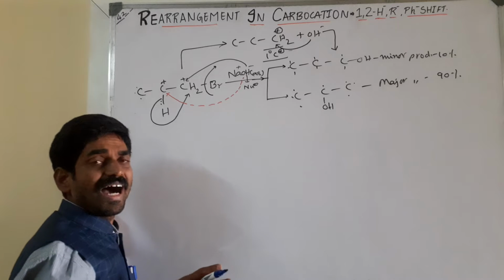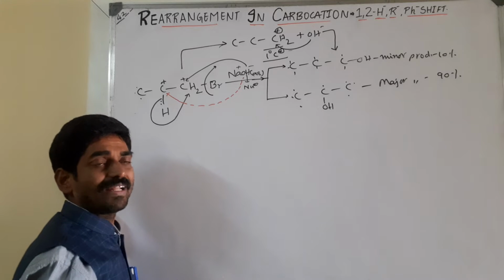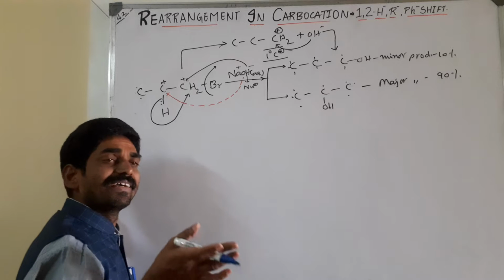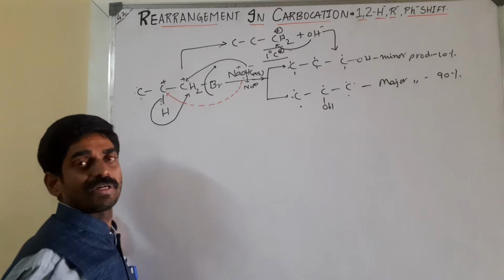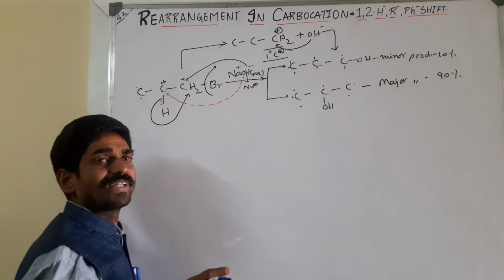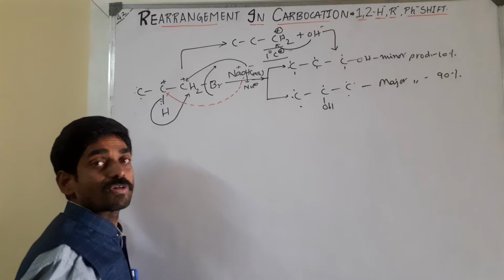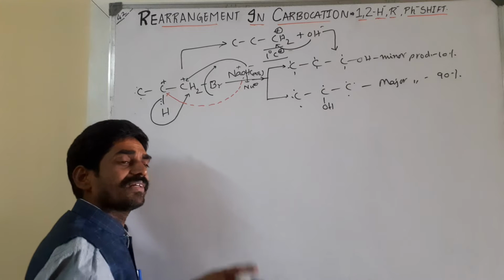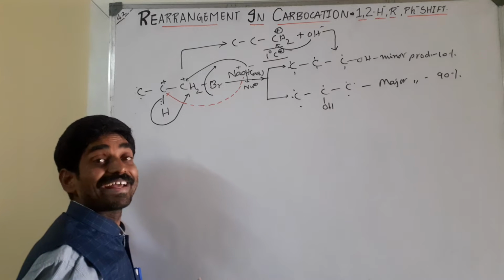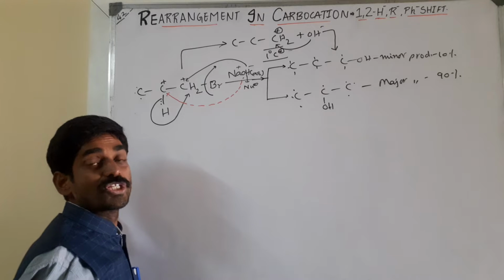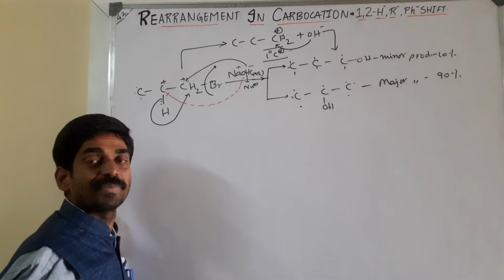So this is called shuffling of the atoms, adjustment of the atoms, shifting of the atoms. I am not adding anything to this carbocation and not deleting anything, just shifting of atoms takes place. That converts the less stable carbocation into a more stable carbocation. That is called rearrangement, reshuffling, adjustment, shifting of the atoms. That is called rearrangement of carbocation.